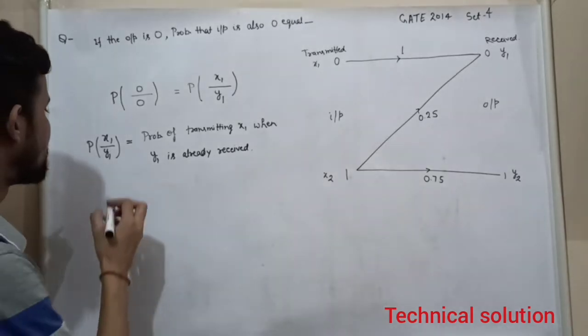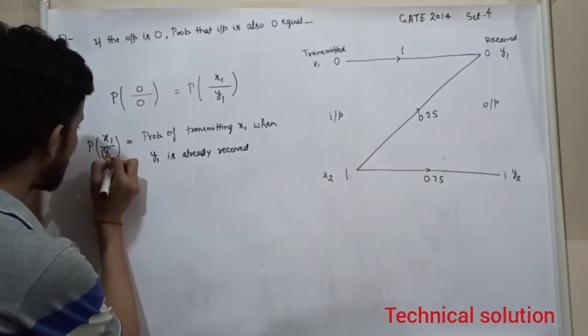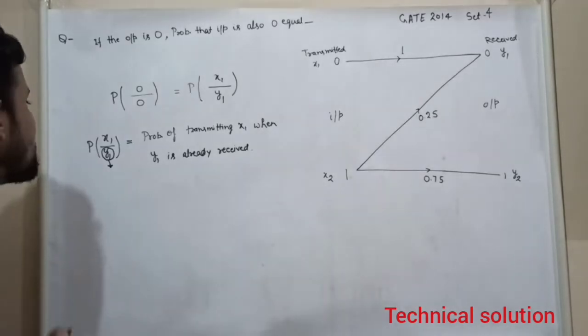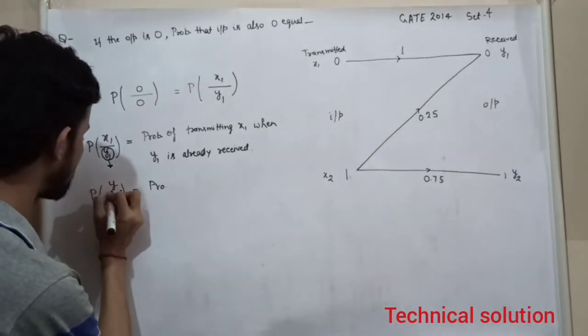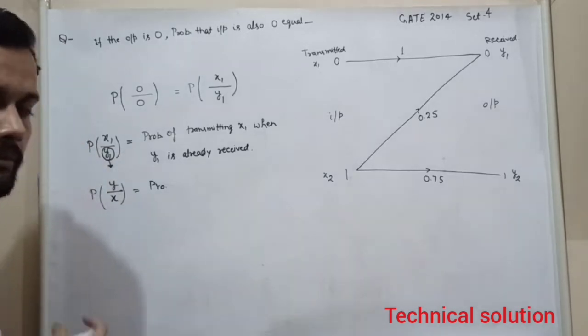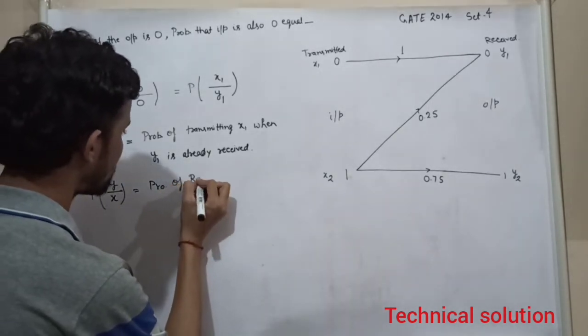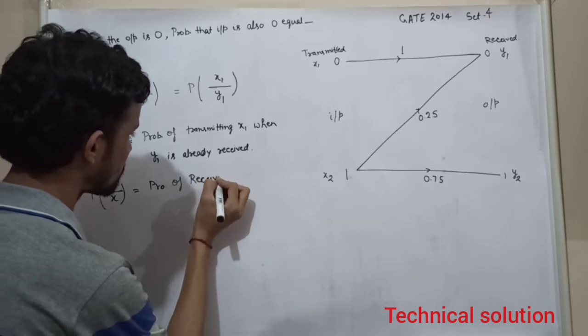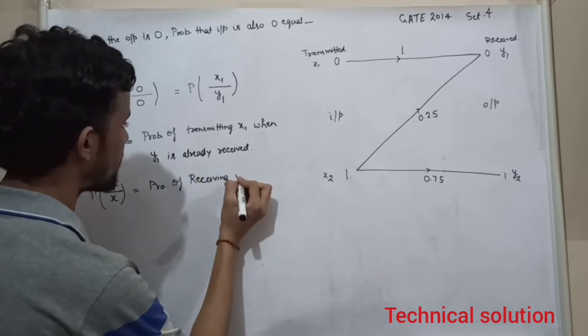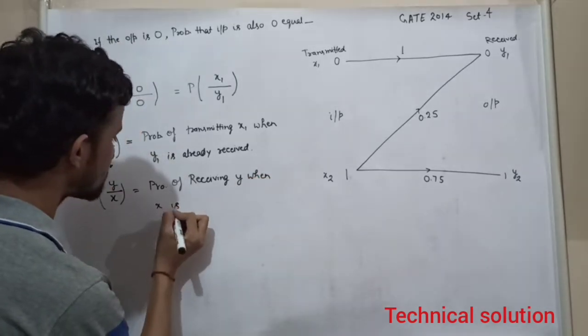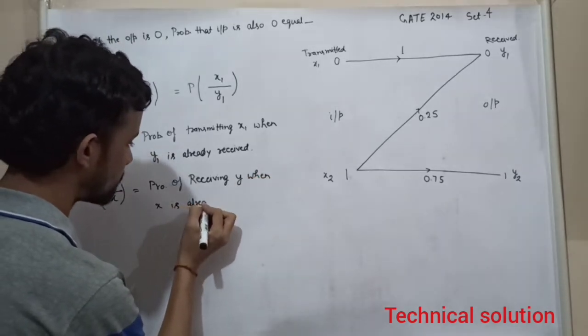In the denominator part, y1 has already happened. If it is written as P(y/x), then we can read it as the probability of receiving y when x is already transmitted.